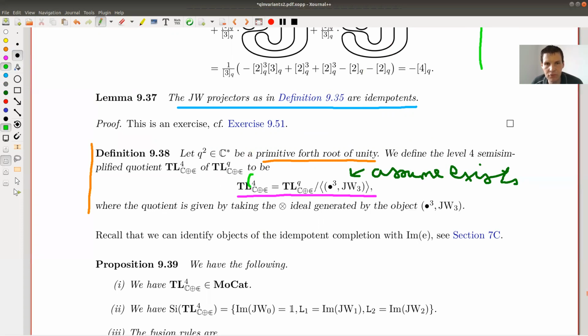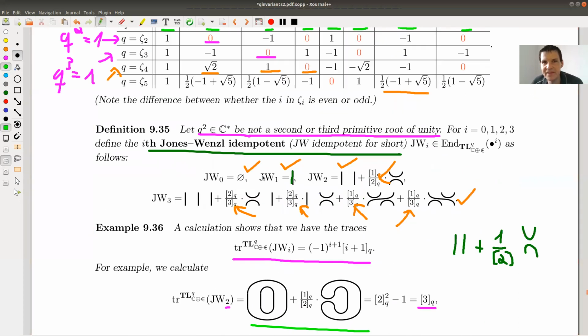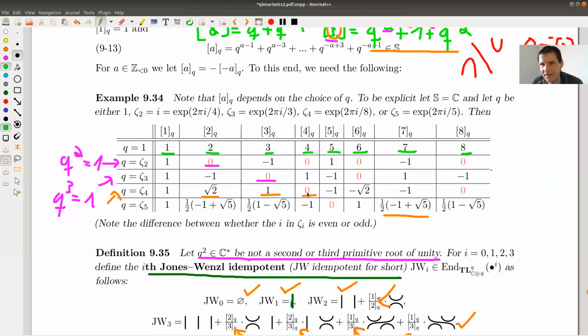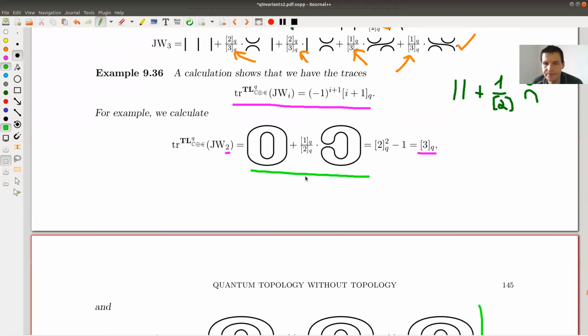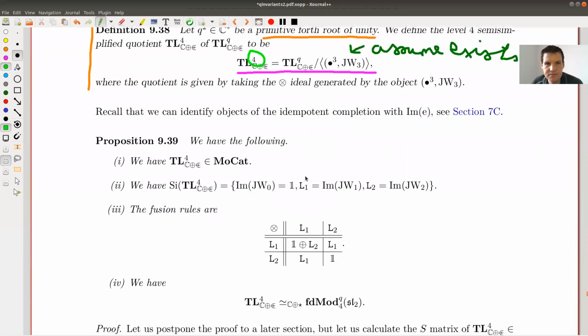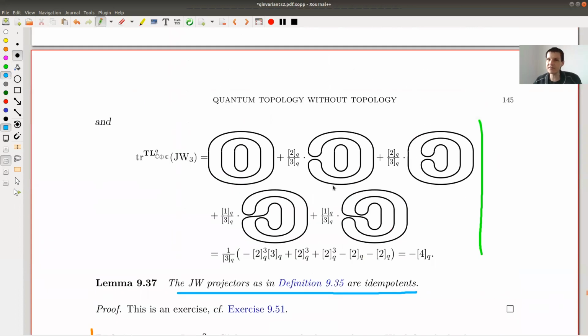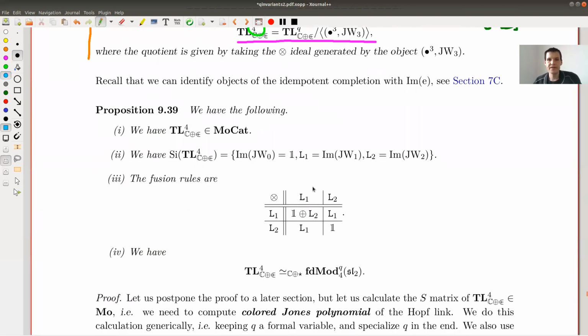Here, I killed quantum 4, if you want, in this category. And so it's very easy, it's a diagrammatic construction. You kill a certain projector. So all of these calculations still make sense, but you killed a certain projector.